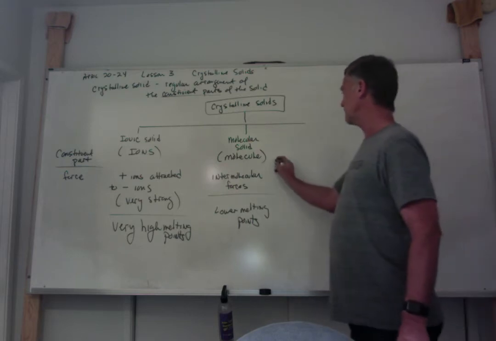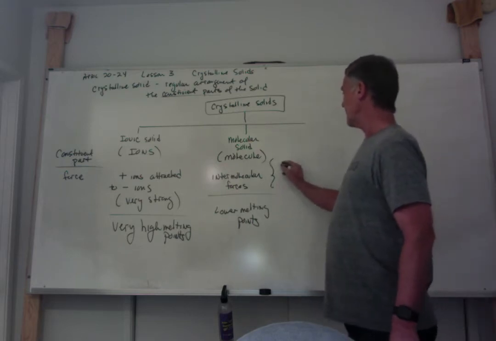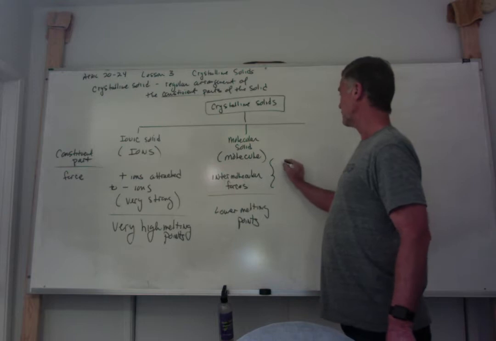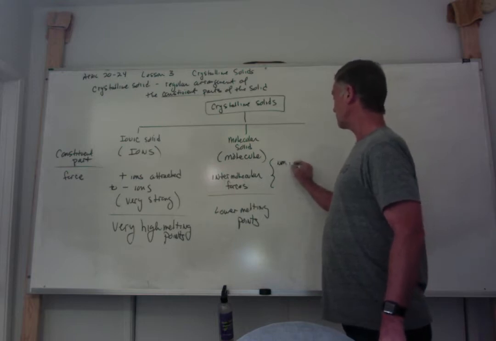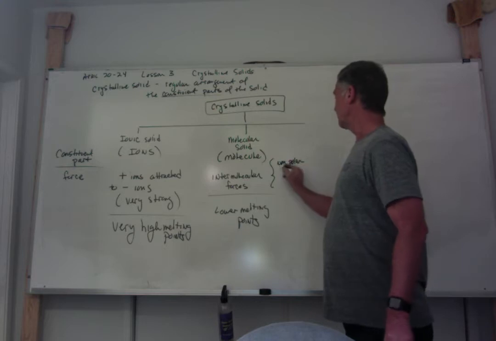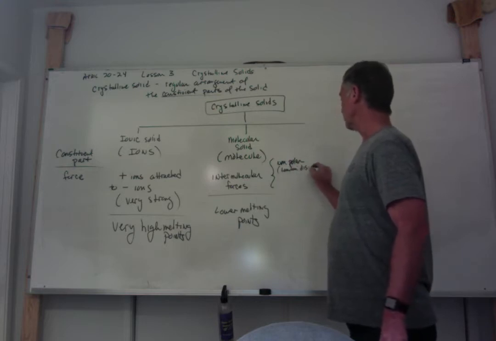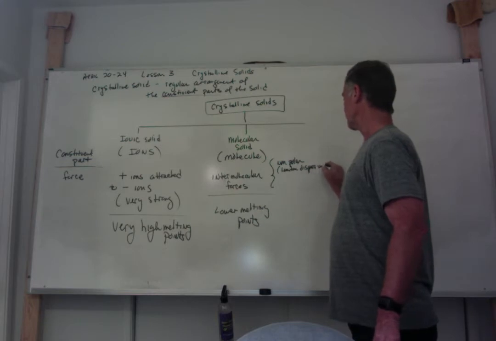When we have intermolecular forces, if you remember, we have three types of molecules, three types of forces. We have nonpolar molecules, and those are called London dispersion forces, or just dispersion forces.